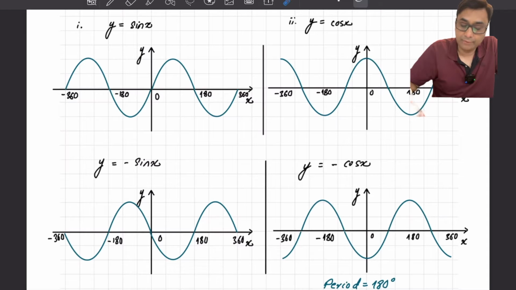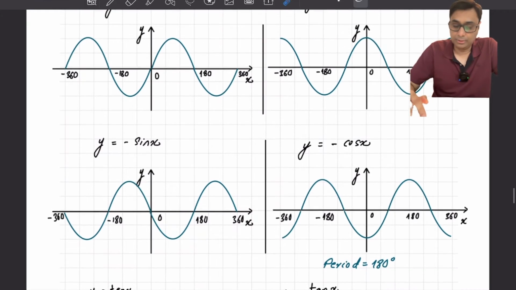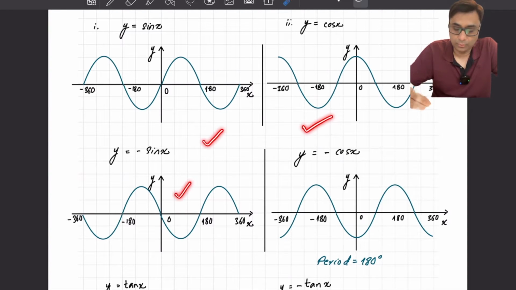Similarly, the negative cos graph would look like this on the positive cycle and like this towards the negative axis. So these are the four graphs for one positive cycle and one negative cycle. You really need to either figure it out in the exam or learn it so that you can easily sketch more complicated graphs.